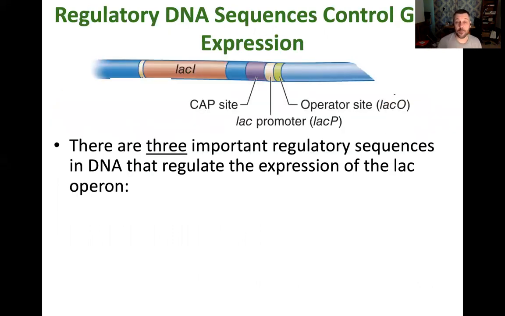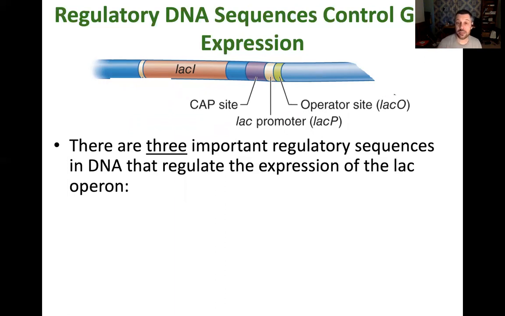So we've talked about four genes now, the three involved in the Lac operon and the Lac repressor, which is not technically part of the Lac operon, but very important for its regulation. Within the Lac operon itself, there are three pieces of DNA that don't make a protein, but they're really important for the regulation of the Lac operon.